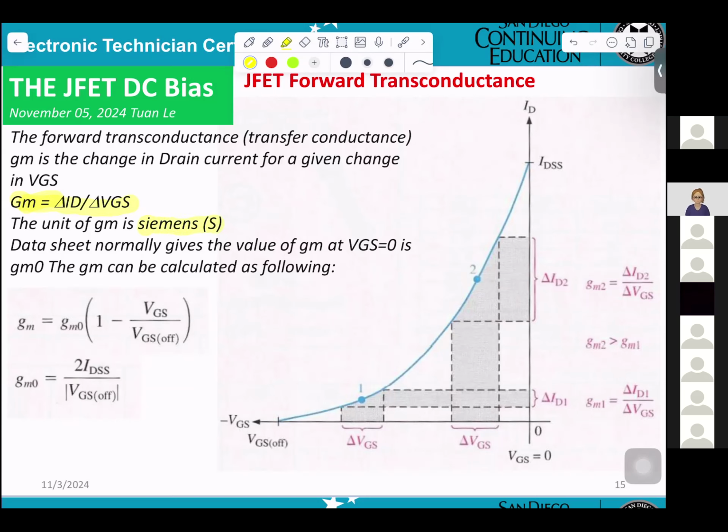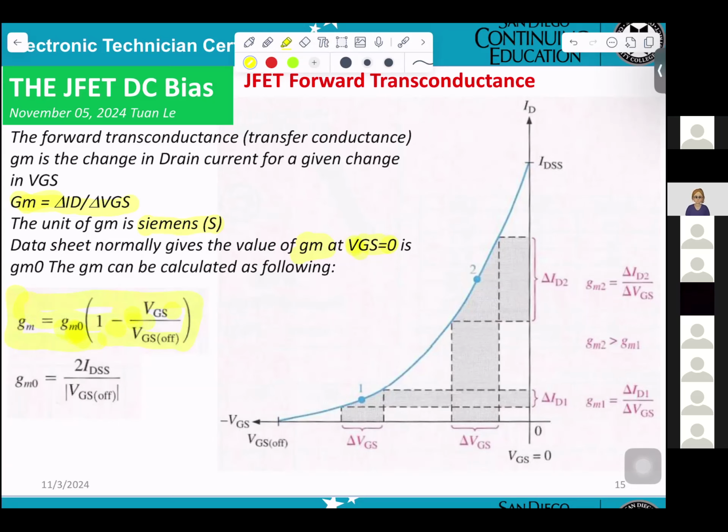Data sheet normally given the value GM at VGS equal 0. Then you can calculate the GM at the following. Now you get next formula. GM equal GM0 times 1 minus VGS over VGS off. Okay. Normally they given you the GM0.